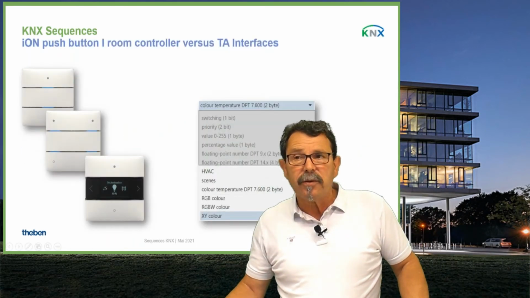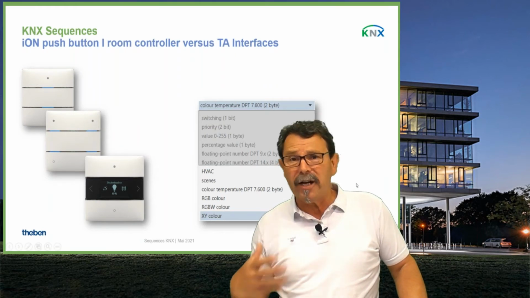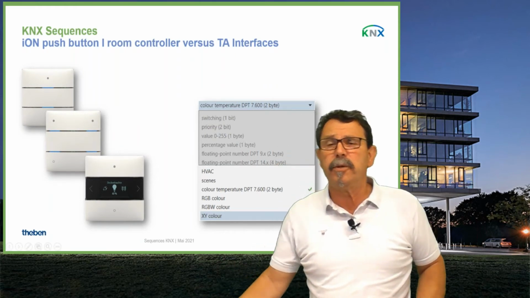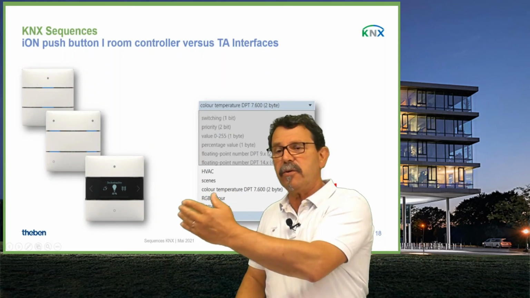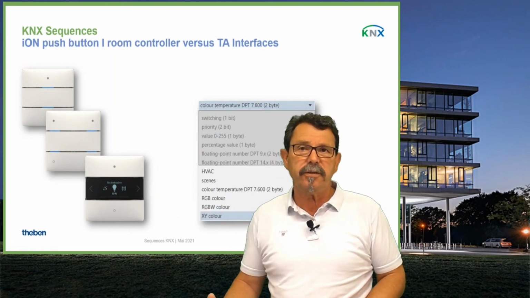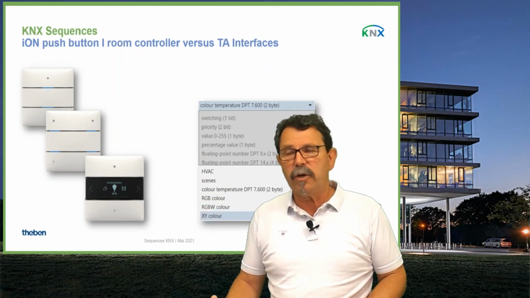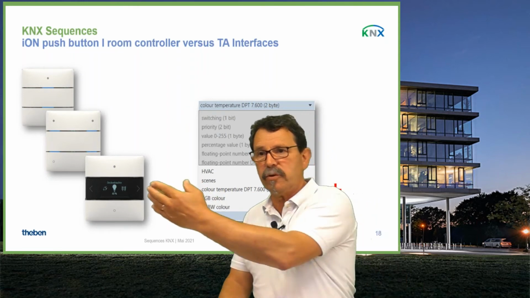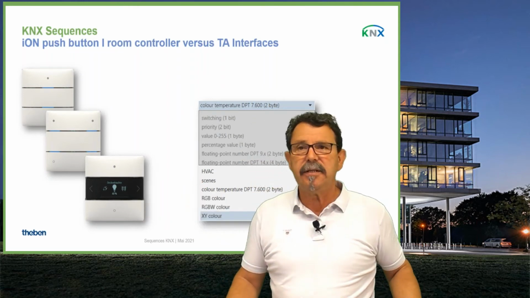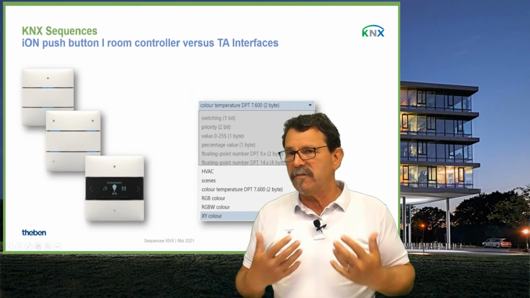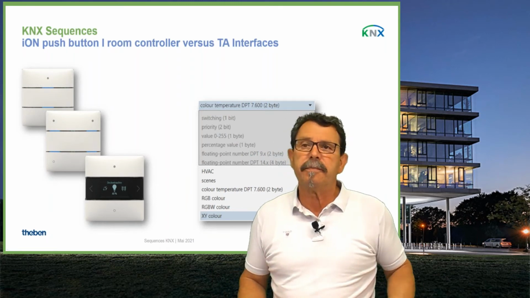Okay, so let's go a step ahead in terms of the more advanced functions, which the Eon series gives us, so the Eon 102, 104, and 108. The room controller is 108. And this application is more advanced, more powerful, I have to say.